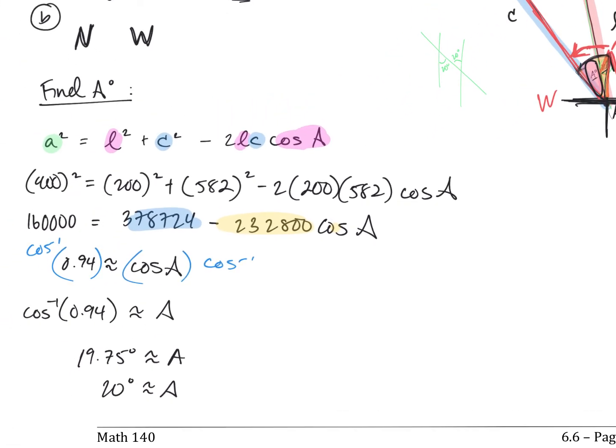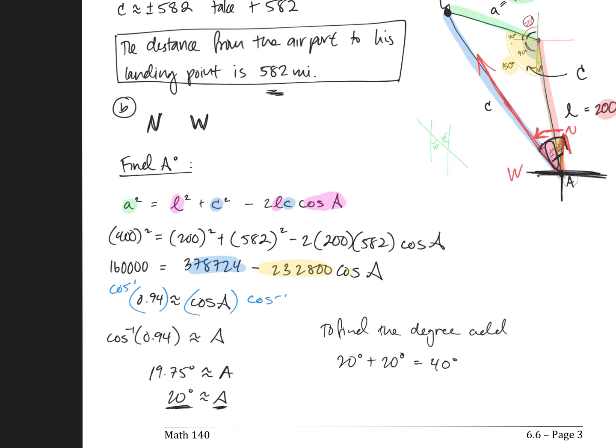So, to find the degree, add 20 degrees plus the 20 degrees. This is the 20 degrees from A, and then the 20 degrees that we already knew earlier, and that gives us 40 degrees. So we're going to go north 40 degrees west.